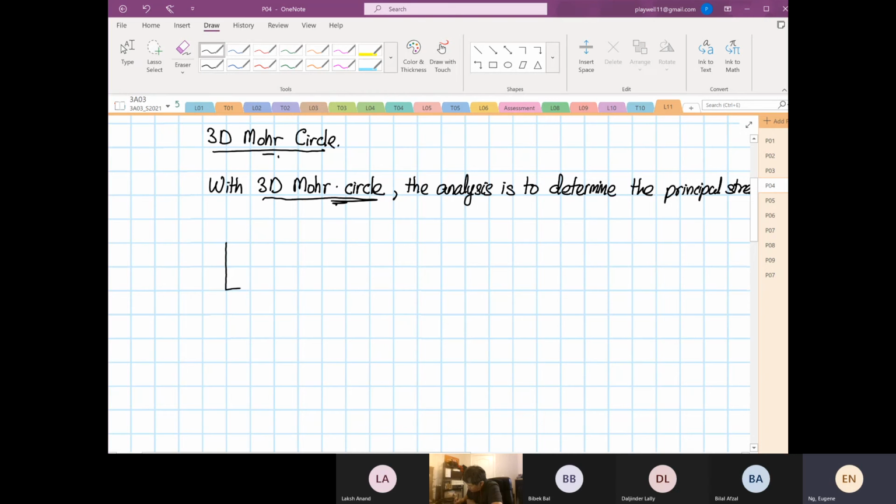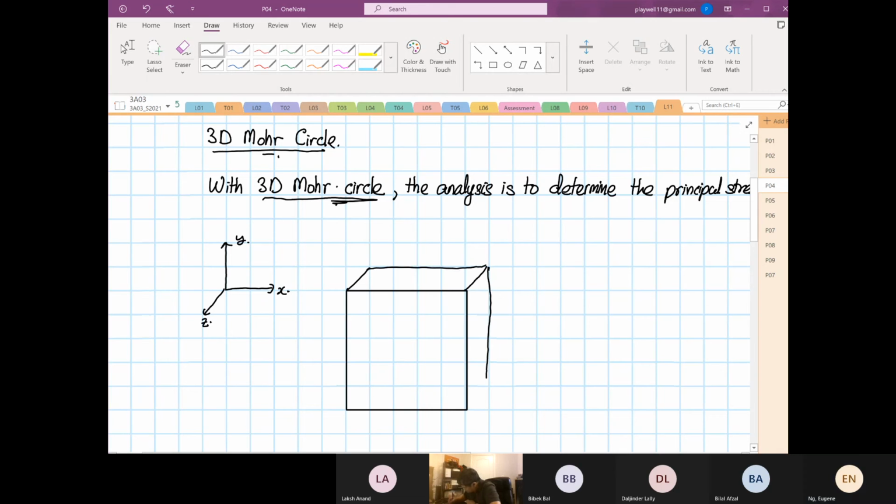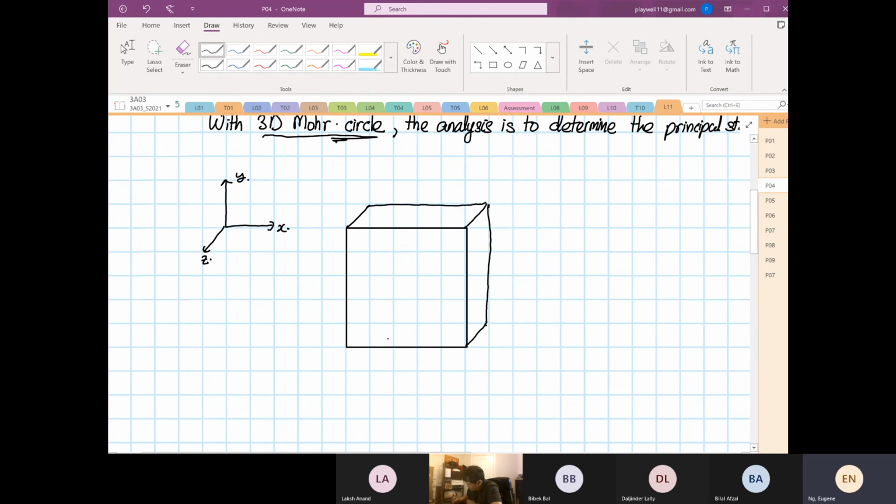Let me draw a transformation first: X, Y, and Z. If we were to draw a 3D element, the XY plane is known as our in plane, whereas our YZ plane is our out of plane, and our XZ plane is also our out of plane.